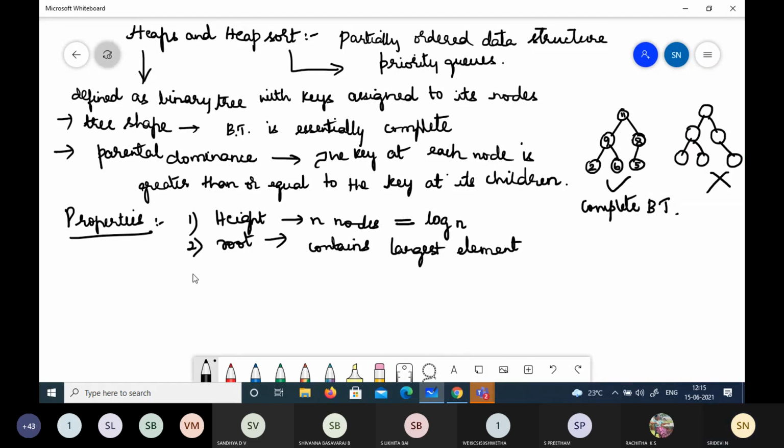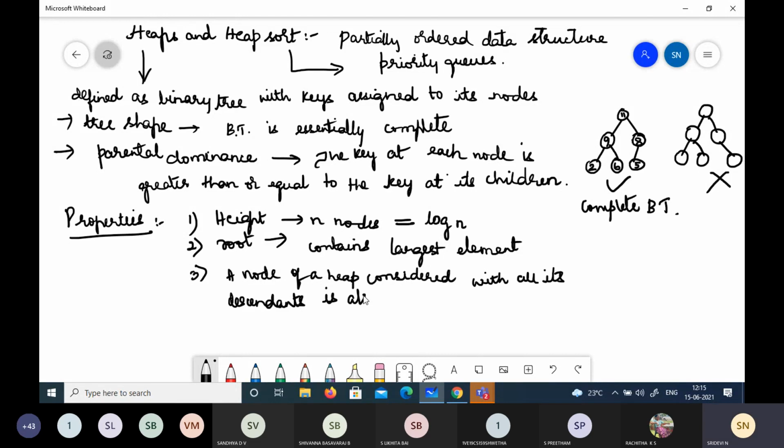And the third property is that a node of a heap, when it is considered with all its descendants, is also a heap.